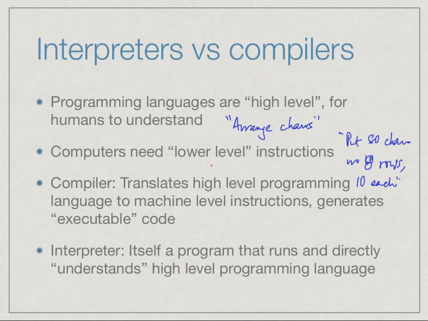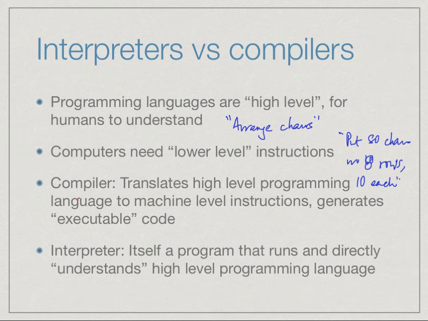In order to execute something, a so-called executable file that we come across is something which is written at a level that the machine can understand. Whereas the programs that we are going to explore in this course, and which all programmers normally work with, are at a higher level which cannot be directly understood by the computer. So we have to bridge this gap somehow.